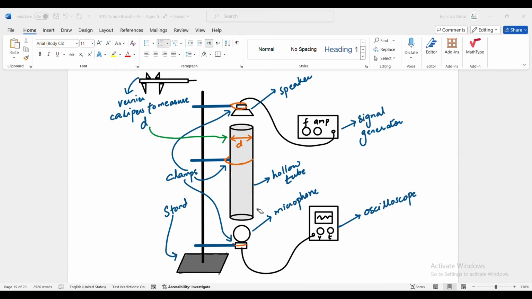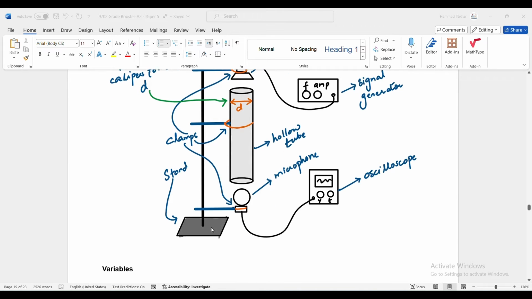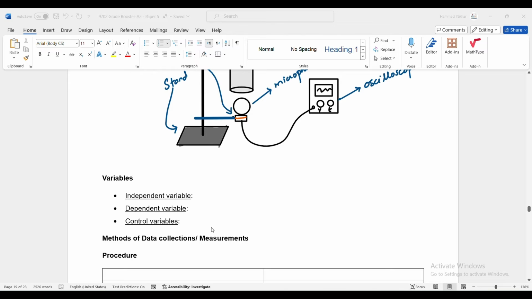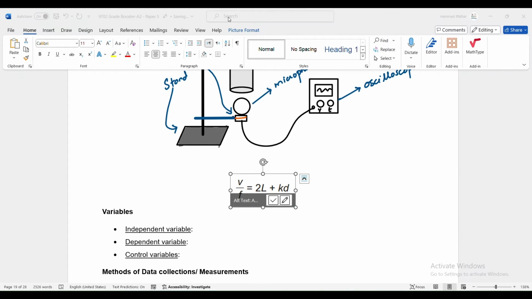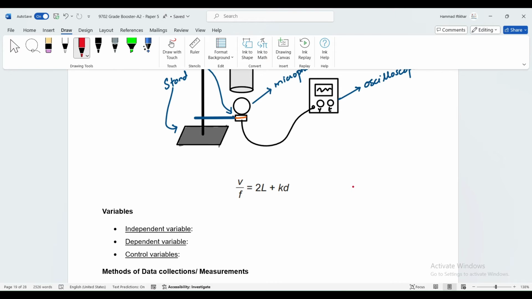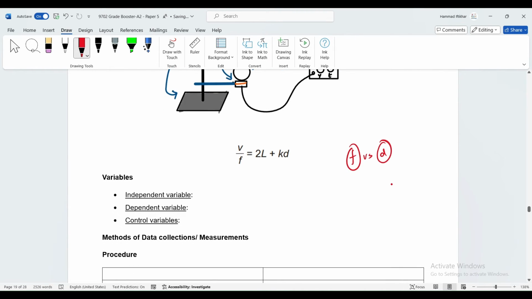But anyway, we don't need to draw everything. Let me just quickly copy and paste the equation over here so we can start with the experimental design. So our experiment is for frequency versus the diameter. That means the fundamental frequency versus the diameter of the tube.